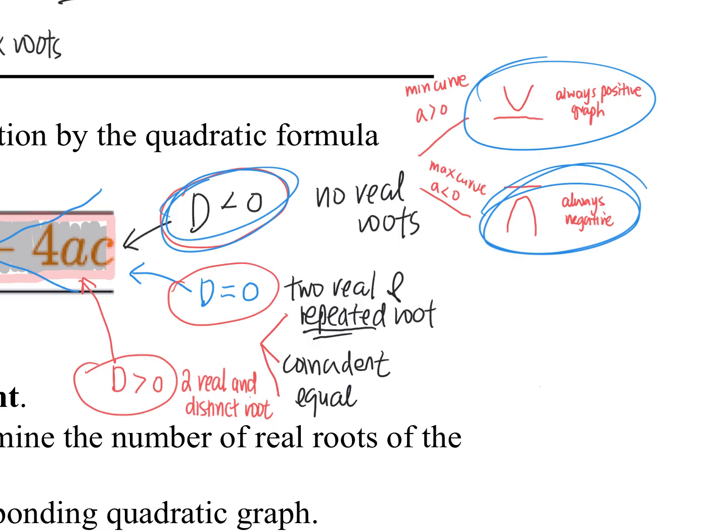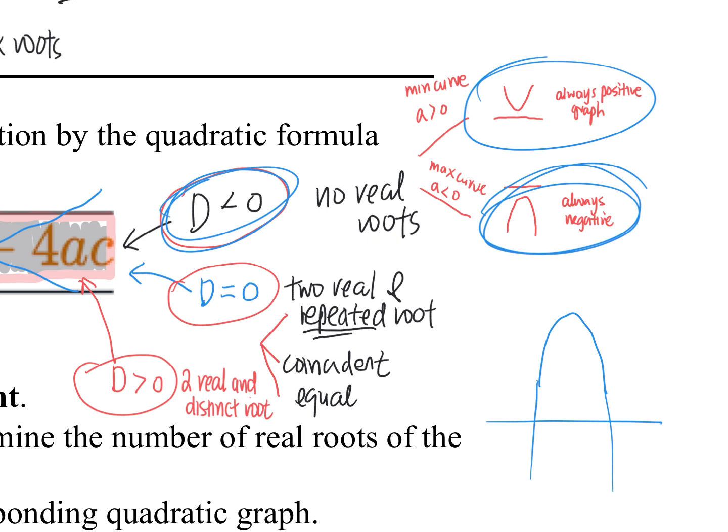If it's a maximum, is there any possibility that you can be above the x-axis? Cannot, because let's say if I draw like that, we all know that the tail always extends to infinity. So it will always cut at 2 points. So a maximum curve cannot float above the x-axis.